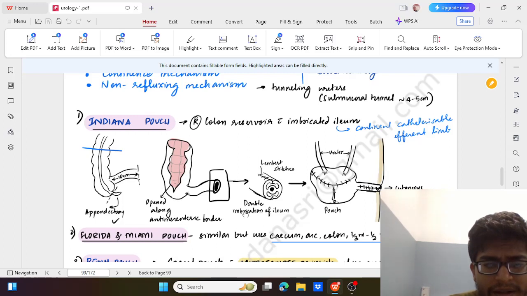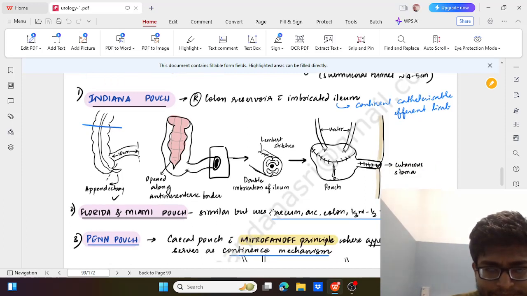Then double imbrication of the ileum is done, and the ureter is implanted in the pouch created from the cecum and ascending colon, and the cutaneous stoma is connected through the ileum. So this was the Indiana pouch.